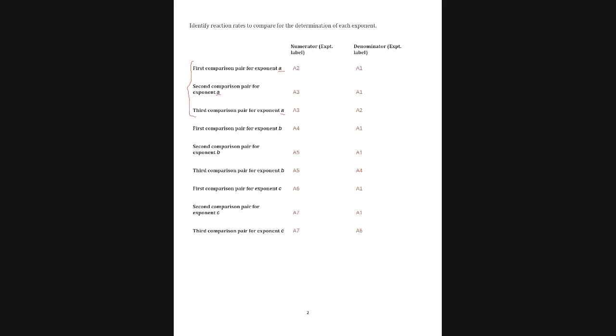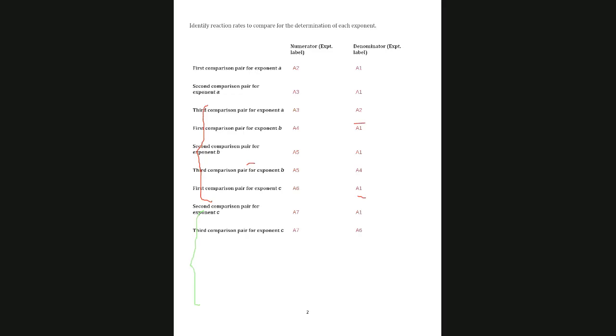Then they have 3 different experiments, and they tell you to divide A4 by A1, and if you do rate divided by rate 1, then you can calculate B. And then they do the same for C. So this is a big help.